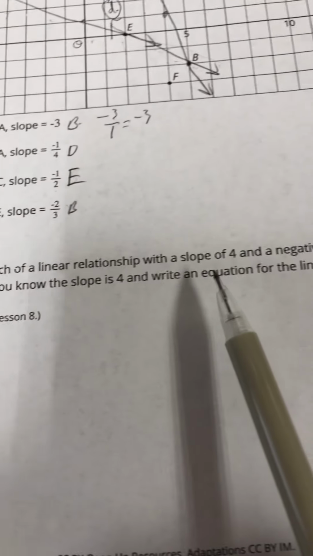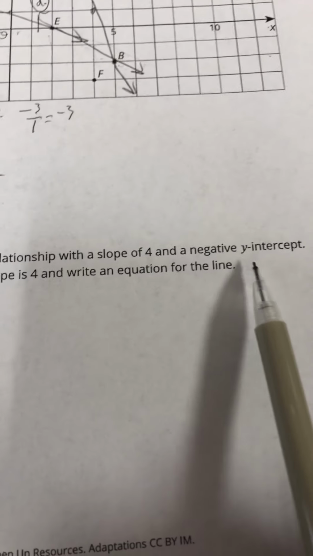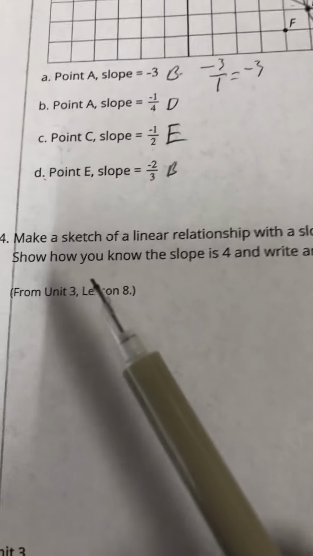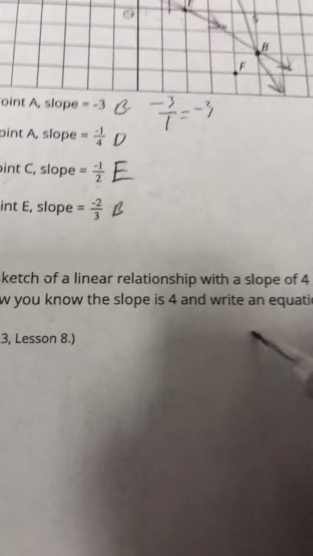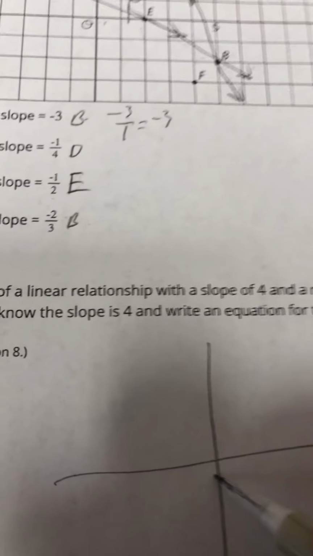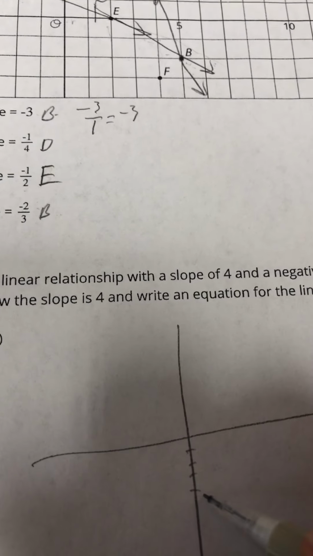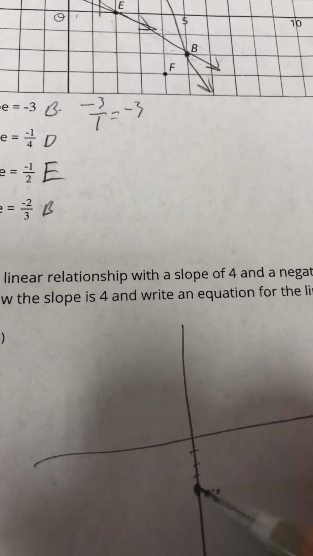Make a sketch of a linear relationship with a slope of 4 and a negative y-intercept, show how you know that the slope is 4, and write an equation for the line. You're going to want to do something like this and go down 1, 2, 3, 4. This would be your negative 4, so I have a point there.